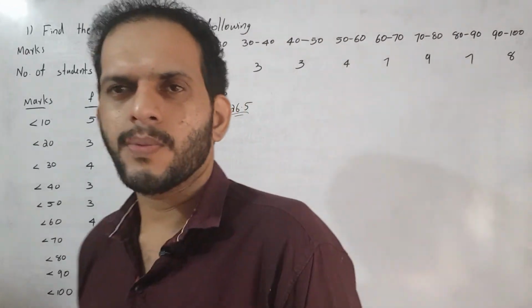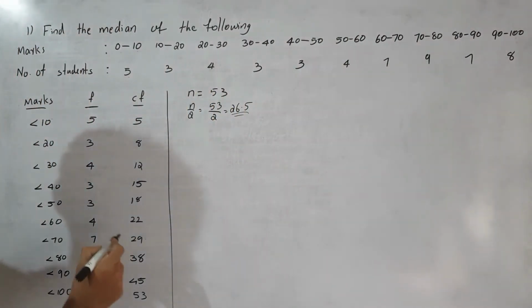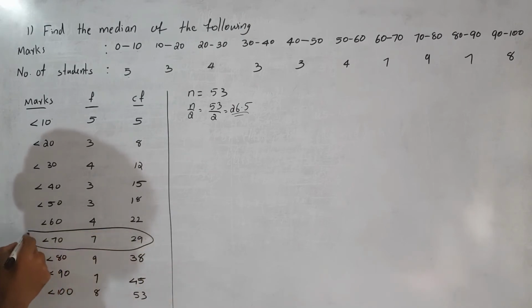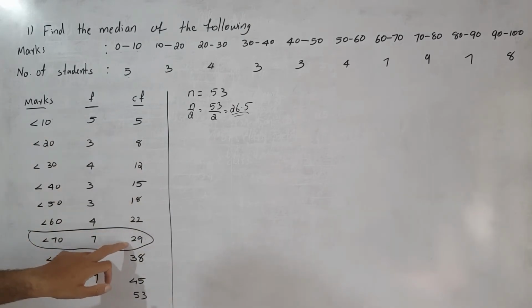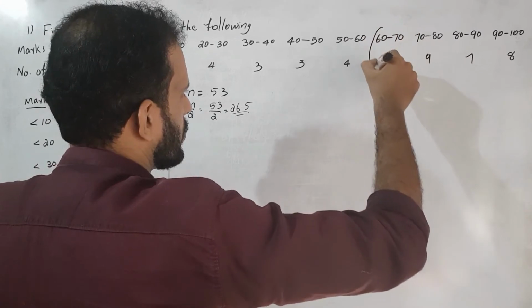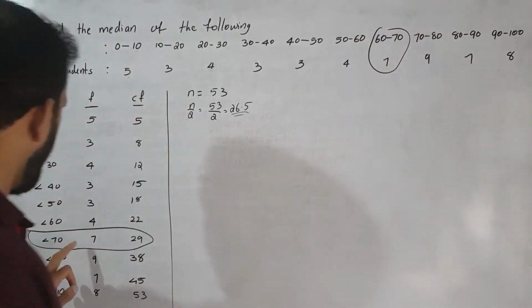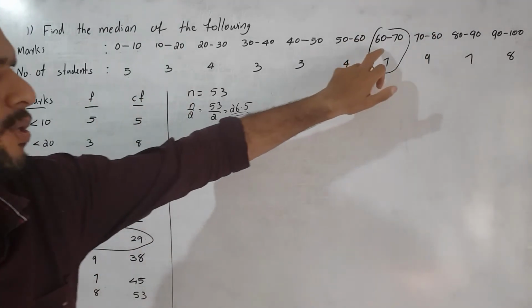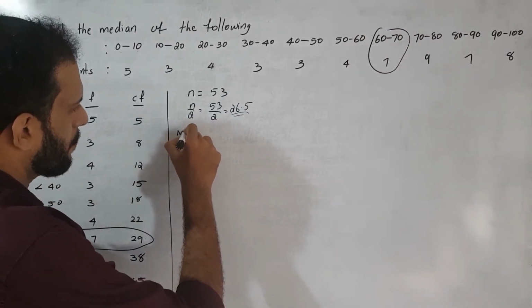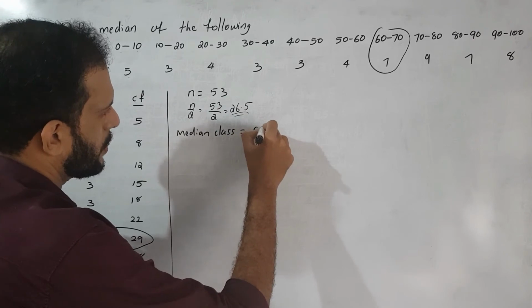So the corresponding class of 29 is the median class. The corresponding class of the cumulative frequency 29 is 60 to 70. So the median class is 60 to 70.